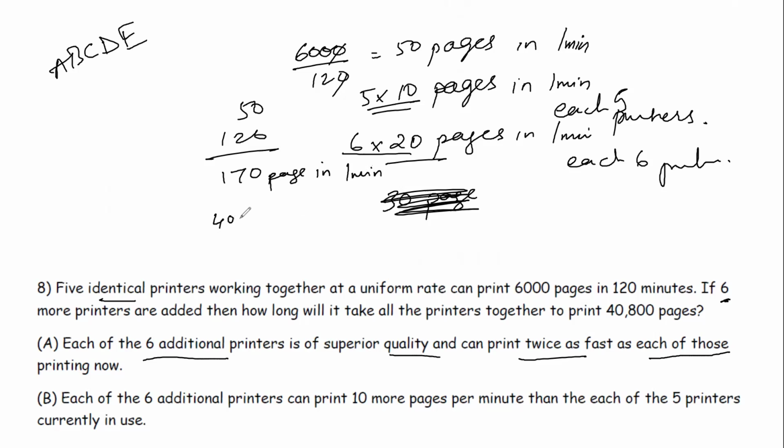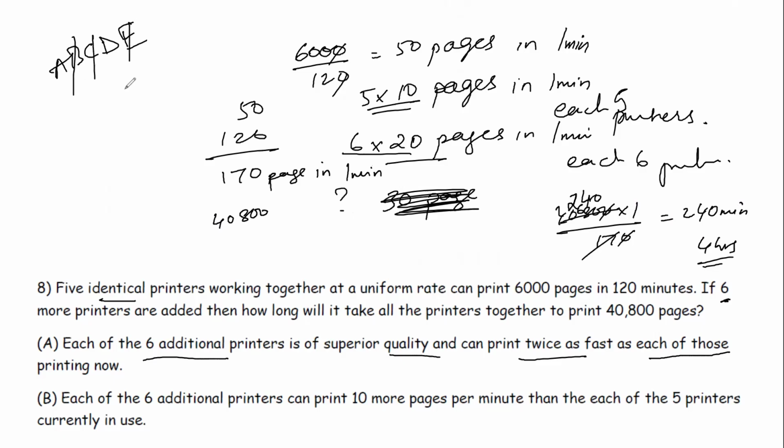So 40,800 pages in how many minutes? So 40,800 into 1 by 170. 17 twos are 34, 68, 17 fours are 240 minutes. Is 4 hours. Correct. So A answers. A answers, B, C, and E is out. It's either A or D.